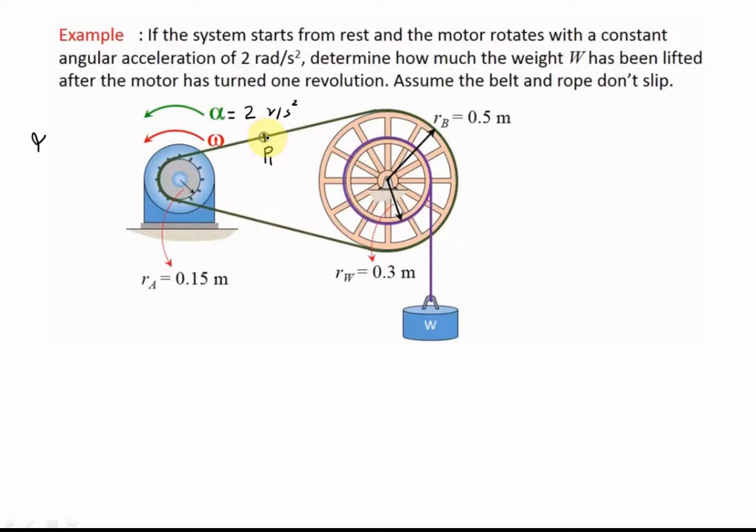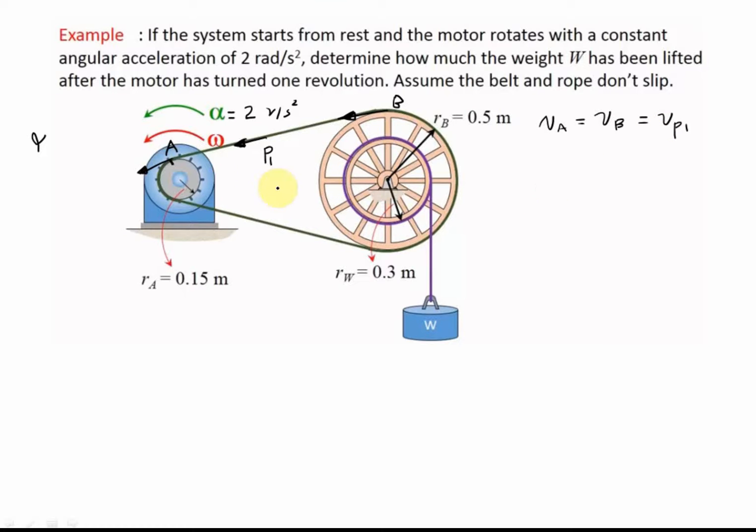Any point of this P1 has a velocity like that, and that is the same velocity as here. So the velocity of this point and the velocity of this P1 point should be the same. Let's say this is point B, and here is point A. Then VA is equal to VB.